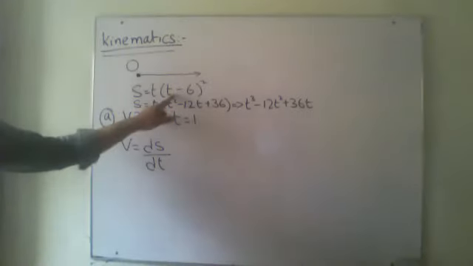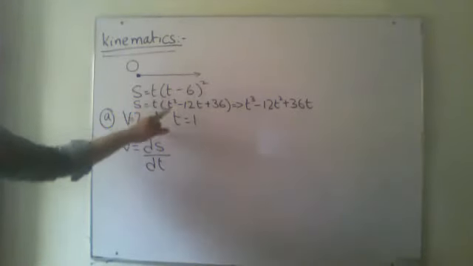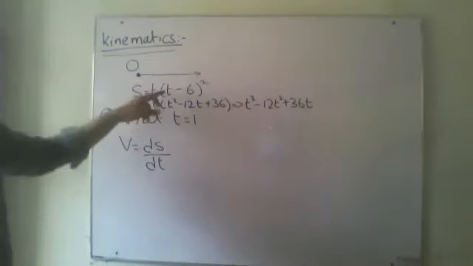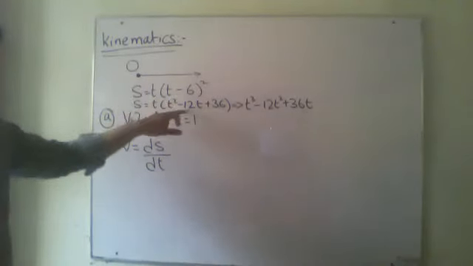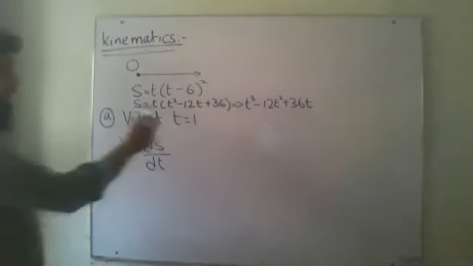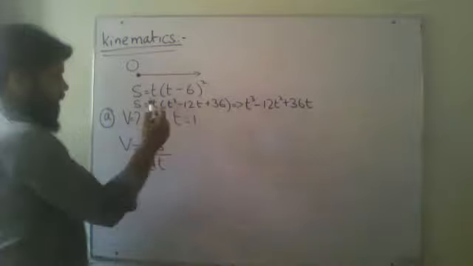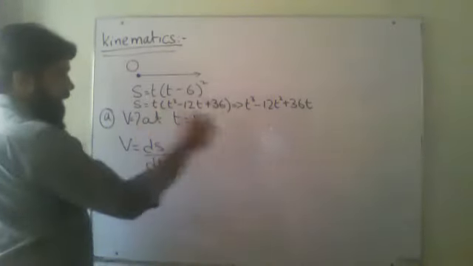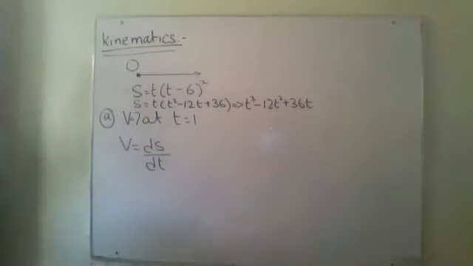First of all, I have expanded this equation, applying the (a minus b) whole square formula: t square minus 12t plus 36, and then I have multiplied this. t into t square is t cube, minus 12t square is written as it is, and 36 into t is 36t.